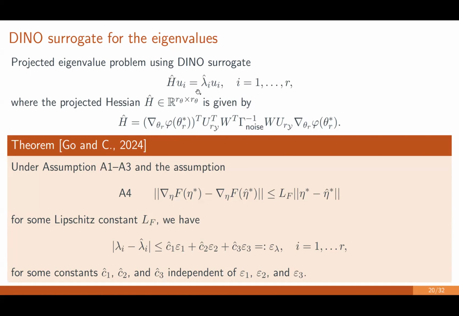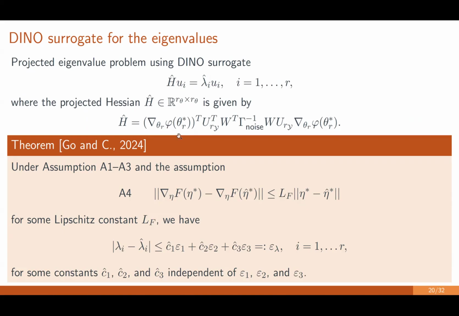This generalized eigenvalue problem becomes an eigenvalue problem of size r_theta by r_theta, which is the input dimension of the dimension reduction. So you can solve it very efficiently because you can evaluate this H matrix quite efficiently. The Jacobian is simply approximated by a neural network, right?